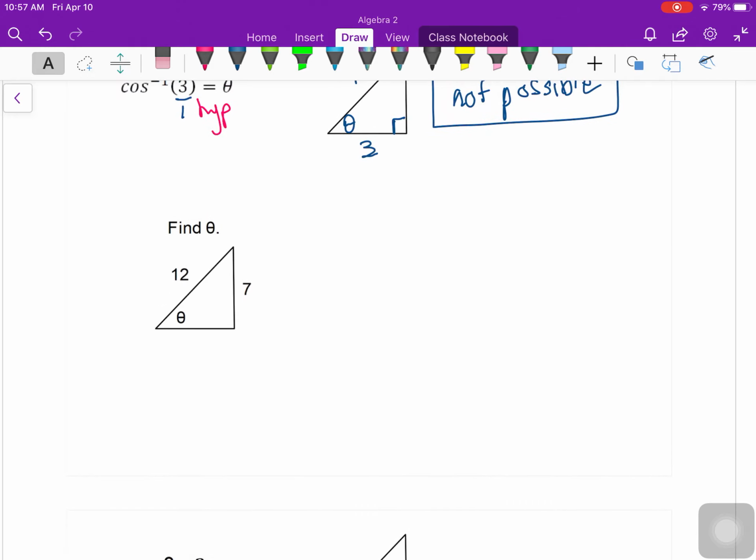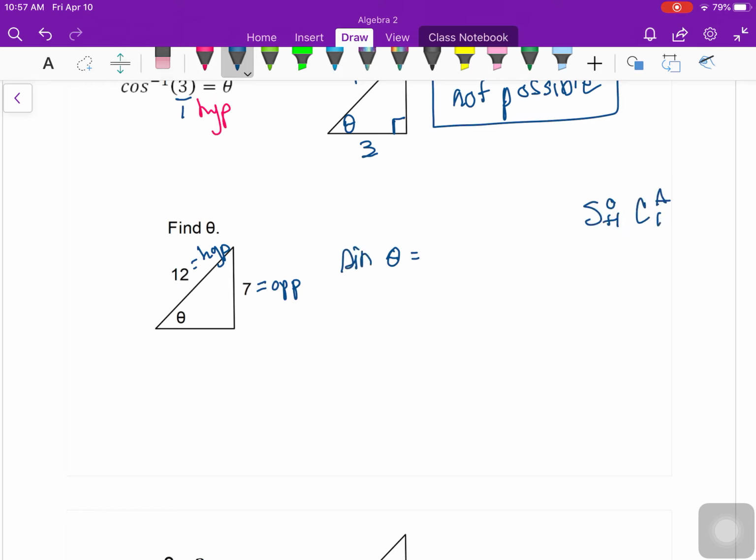This says find theta, which is my missing angle. Well, I'm going to do my trig like I normally would. I start with my angle, which is theta. This 7 is opposite of my theta. The 12 is my hypotenuse. Opposite over hypotenuse is tangent. So I have the tangent of theta equals, that's wrong. Opposite over hypotenuse is sine.